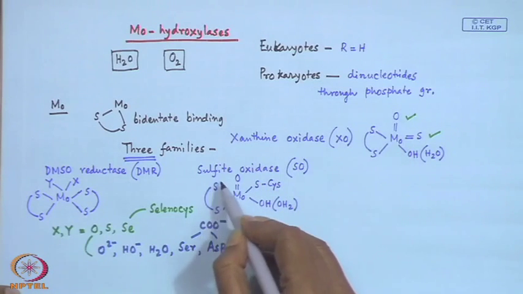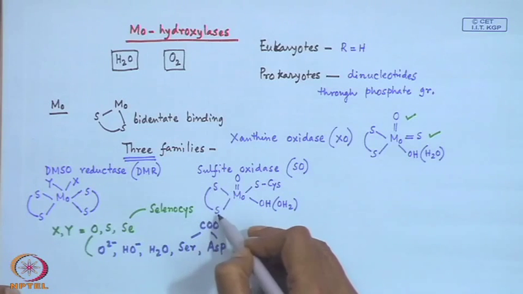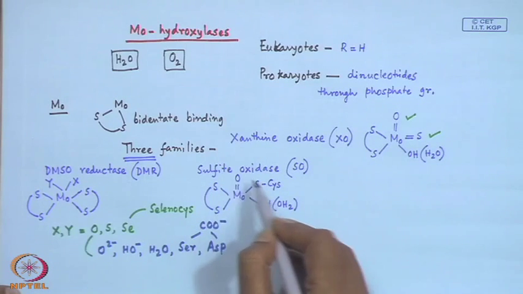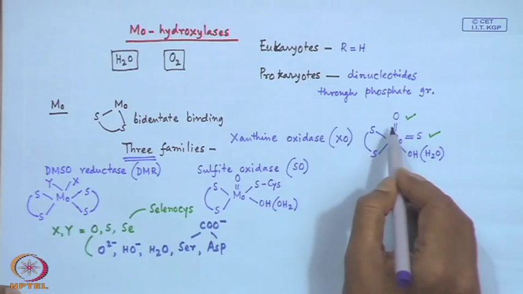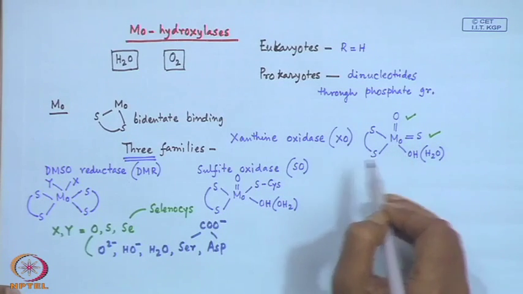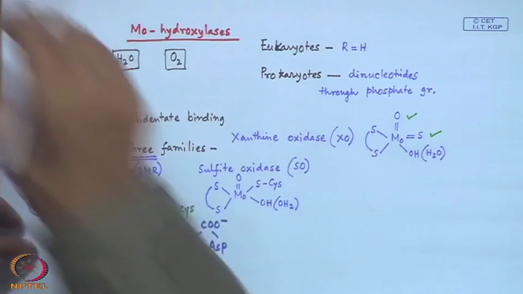So, only on one side you have the fixed coordination from the disulfur units, but you can have the 3 groups from the other 3 sides, and you can go for the change for the hydroxylation reactions or other reactions based on molybdenum.